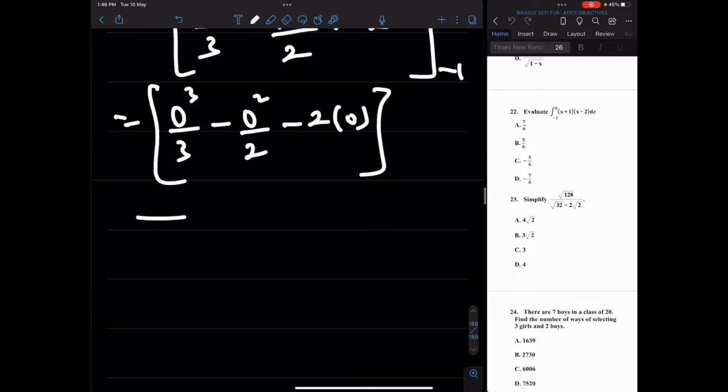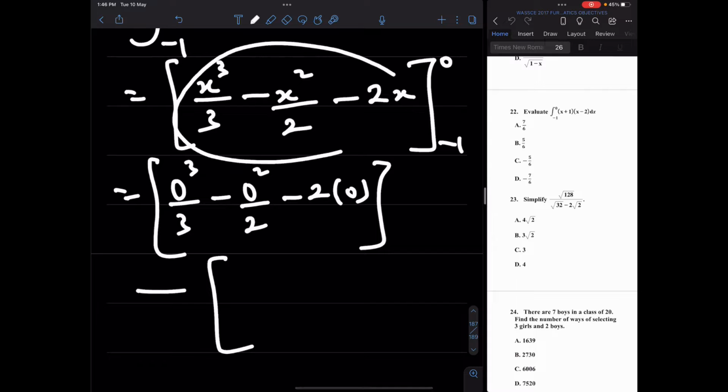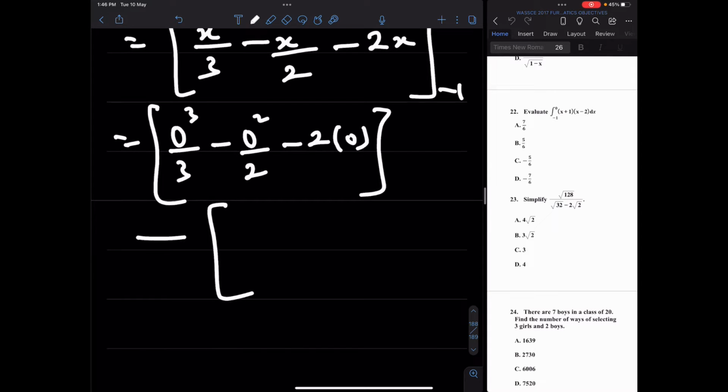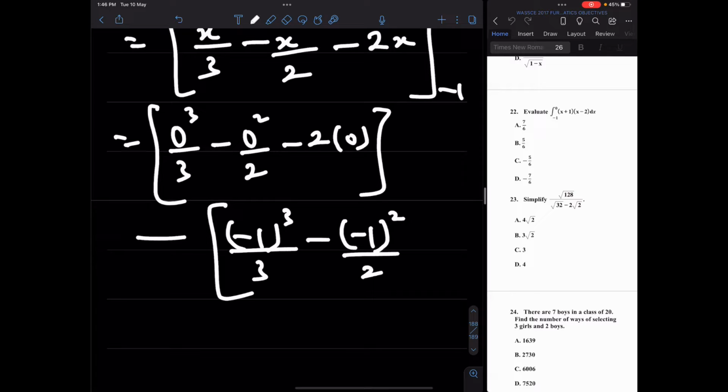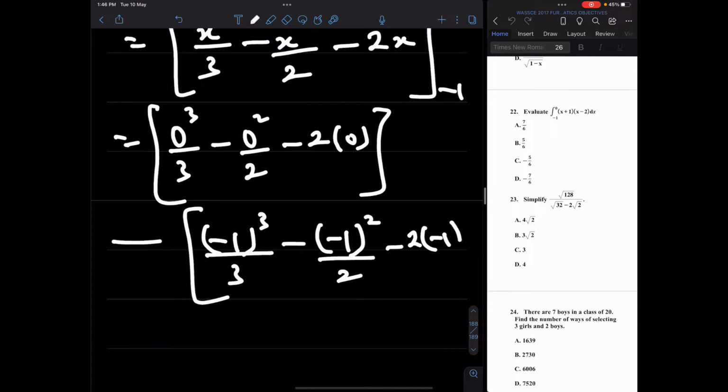Minus, now you substitute minus 1 into the whole of this. So that means minus 1 cubed all over 3 minus the square of minus 1 over 2, minus 2 times minus 1.